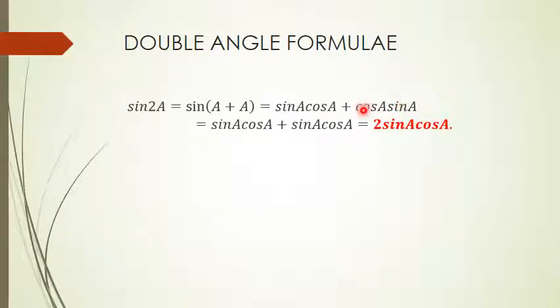Rearranging this, remembering that multiplication is commutative, it does not matter in which order you multiply them. So swapping cos a with sine a, we obtain sine a cos a plus sine a cos a. Now it's clear that these are like terms, they can be added. So the result is 2 sine a cos a, which is the double angle formula for sine.